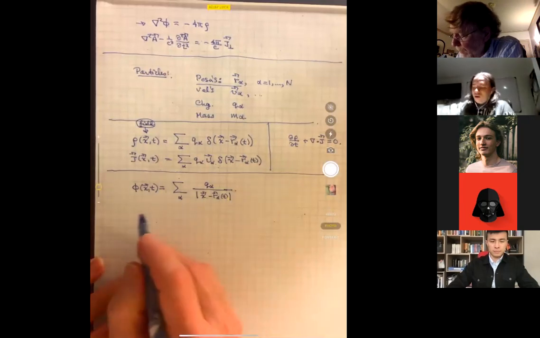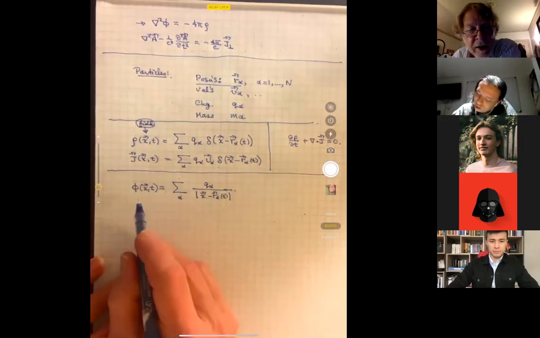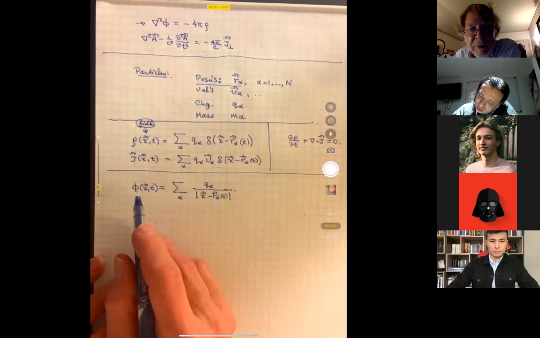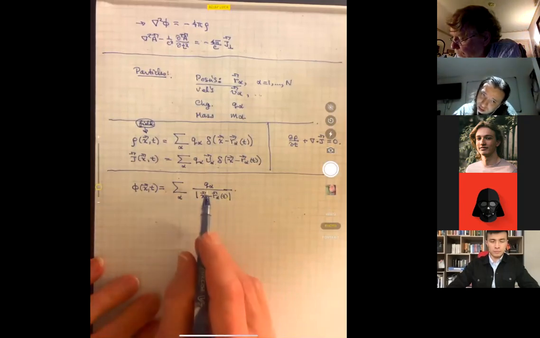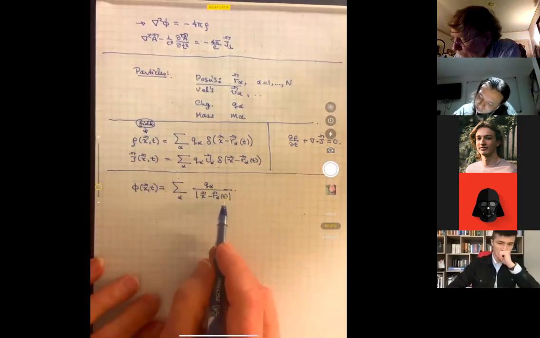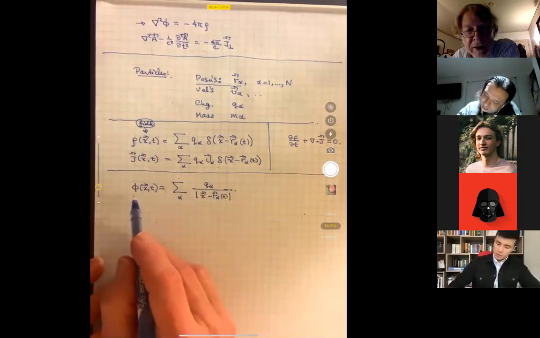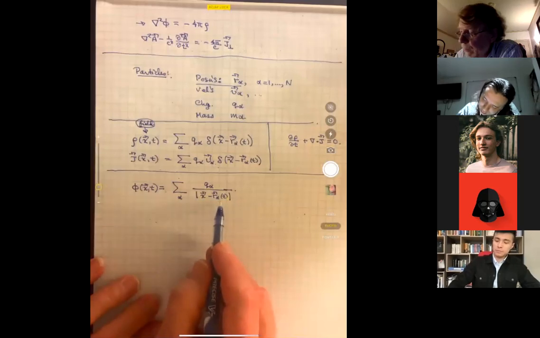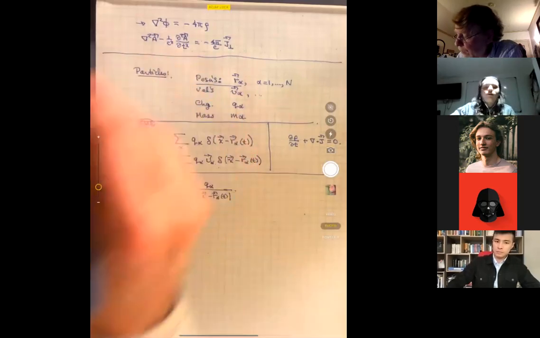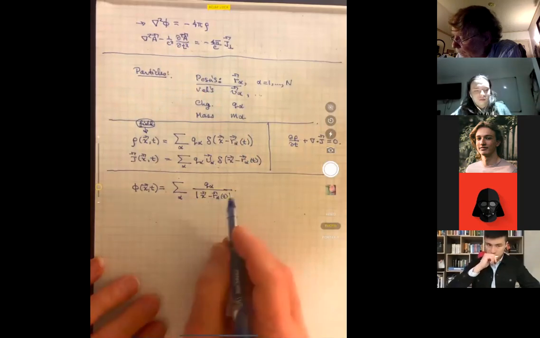This is an obvious formula from electrostatics. It just gives us the potential as produced by a particle of charge q alpha at position r alpha, and it's non-retarded. You see, the scalar potential depends on the instantaneous position of the particle. That's because of the use of Coulomb gauge here. In any case, that's what phi is.